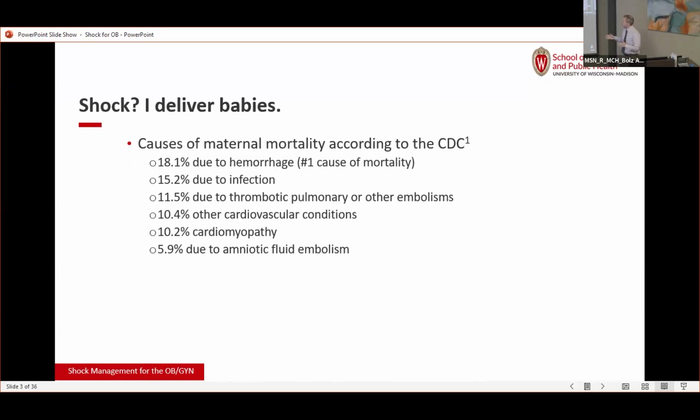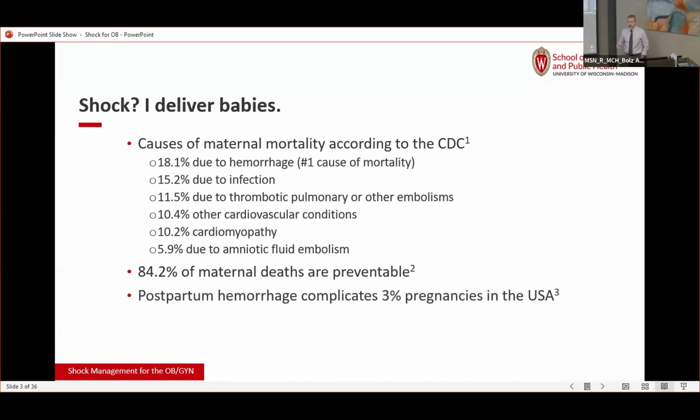Thrombotic, pulmonary embolism or other embolisms, cardiovascular conditions, cardiomyopathy, or amniotic fluid embolisms are all usually preceded by some sort of shock state. So when we have a maternal mortality, usually it's going to be preceded by shock. What's really important to know is that 84% of these deaths are considered preventable. So knowing what to do at the initial management is going to be key to helping your patient survive.